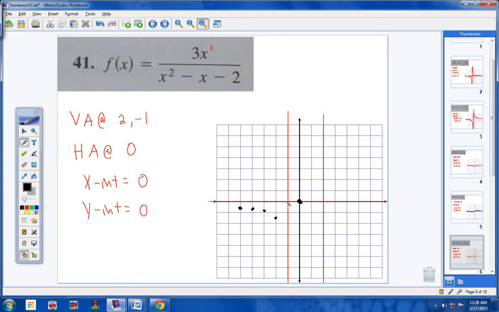I'm going to go ahead and type in negative 1.1 into my calculations. And I'm going to get negative 10. So it shoots way down. Okay, so the graph is getting closer and closer to the vertical asymptote. And it's also getting closer and closer to the horizontal asymptote.